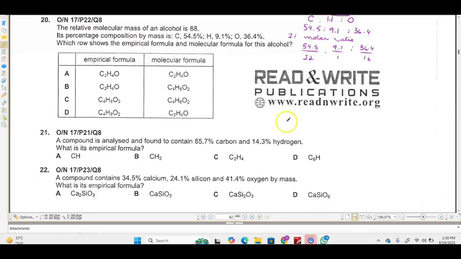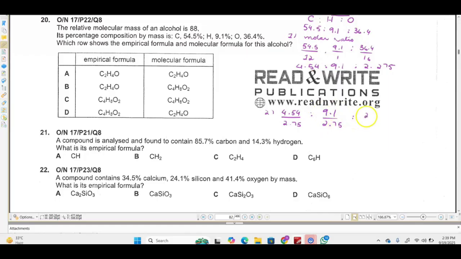So the answers that we are going to get are 4.54 when we divide 54.5 by 12, 9.1, and 36.4 divided by 16 is 2.275. Okay. So the next step is going to be dividing these molar ratios with the smallest ratio. Out of 4.54, 9.1 and 2.275, this is the smallest. So we are going to divide 4.54 by 2.275, as these are the steps to finding the empirical formula and then the molecular formula.